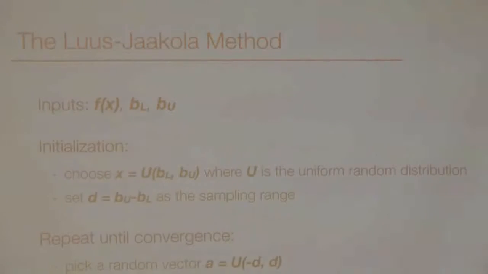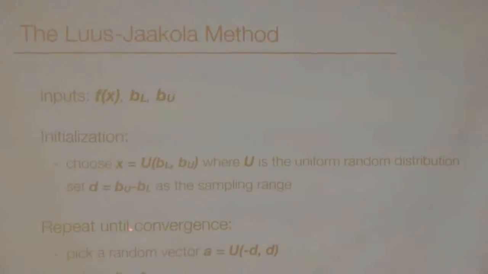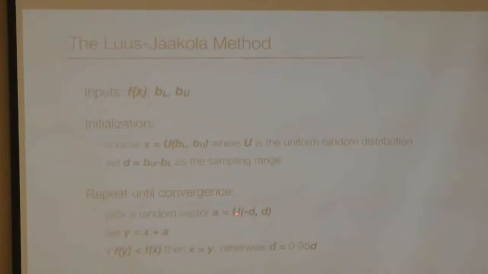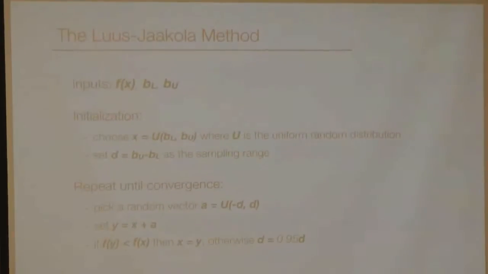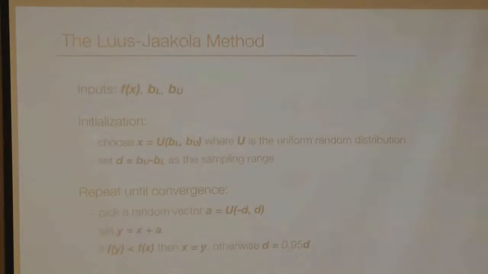And then come the iterations. So what we do is we pick up a random vector, again as a random number from minus D to D. So essentially what this does, it picks a point relative to the center. Okay? Then we add this random vector to the center of the box to obtain a new sample. So this is just a fancy way of generating a point which is guaranteed to be in the box itself.